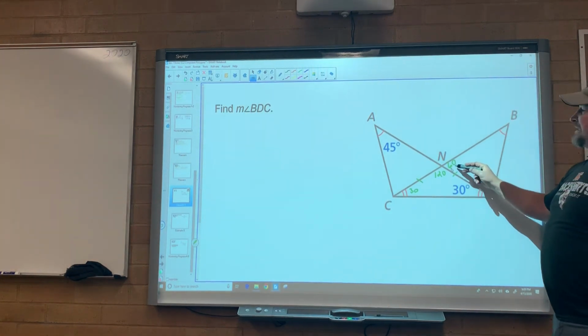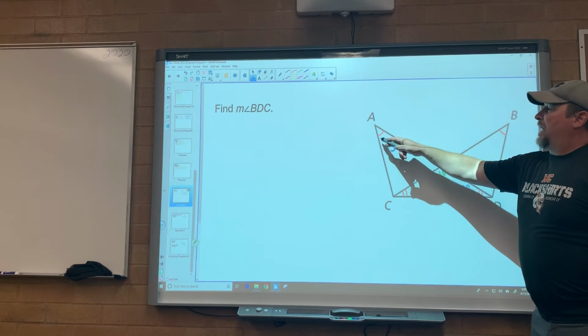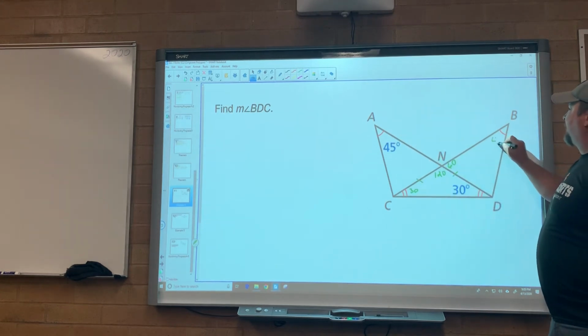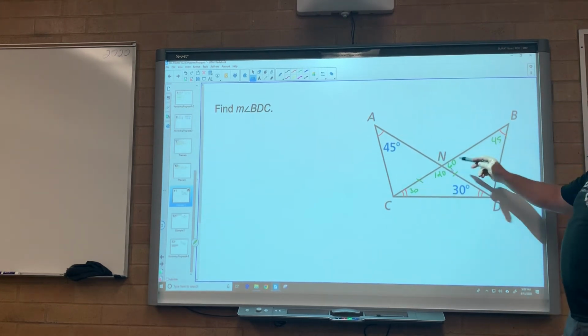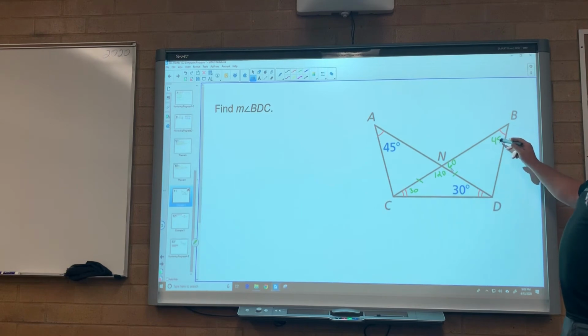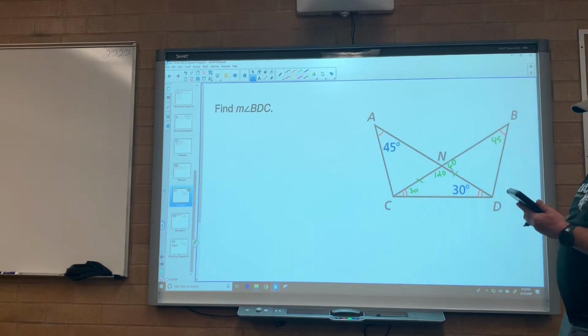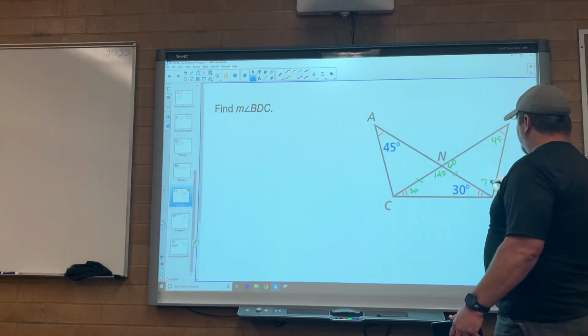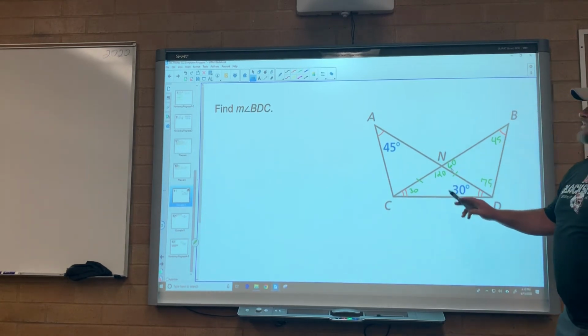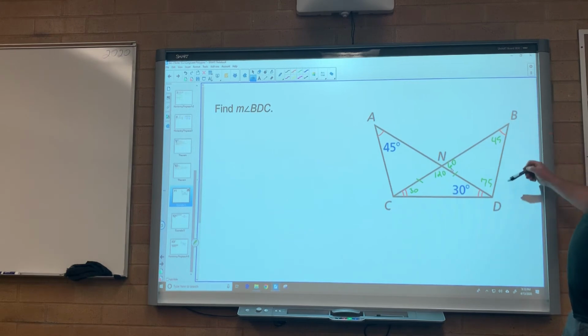And if that angle is 60, and we know that one angle mark is 45, then this one's 45. Then I can go 180 minus 60 plus 45 to get this angle right here, 75 degrees. They asked for the measure of angle BDC.